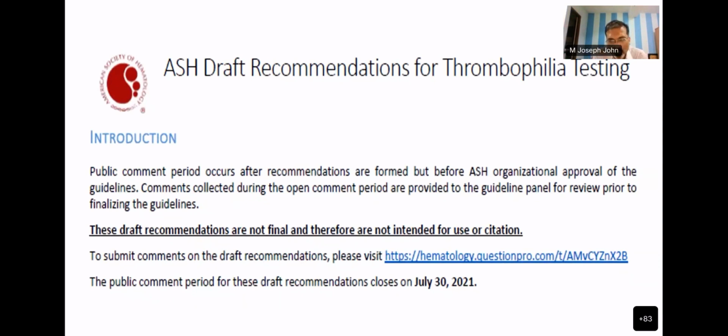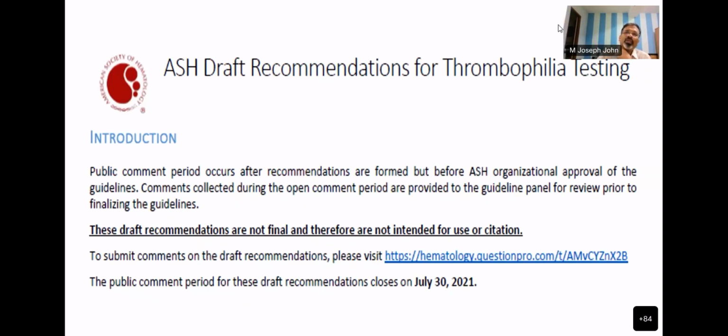If it is unprovoked, what is the age? Is there any reason to consider sending for thrombophilia testing or not? After that, it is about deciding what treatment to give. Should I give low molecular weight heparin, unfractionated heparin, or DOACs?